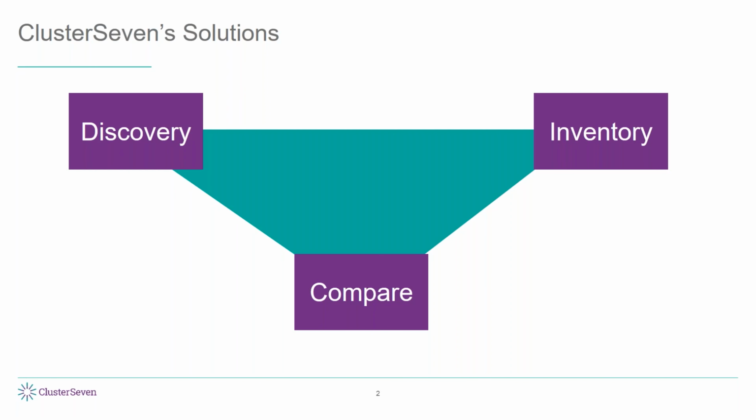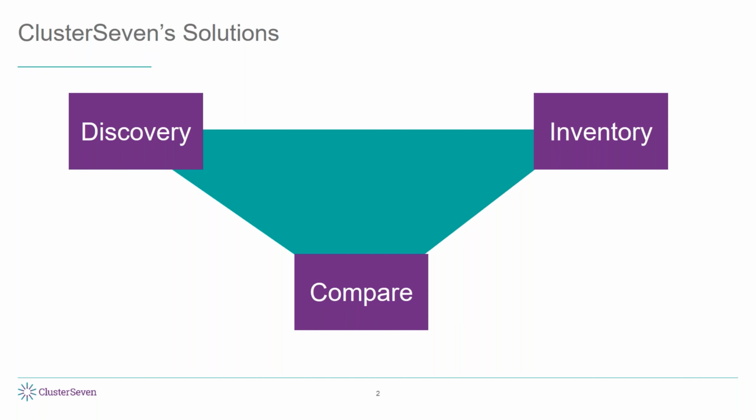Those of you familiar with our solutions will know that we have really three main capabilities: the ability to discover files, establish an inventory, and compare, monitor, or track changes to those Excel files.